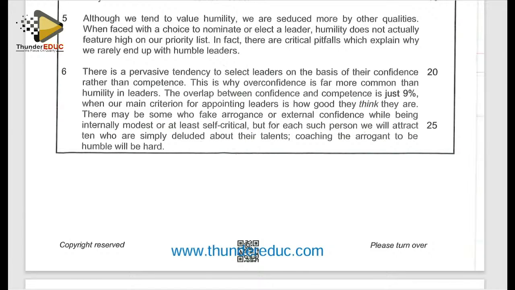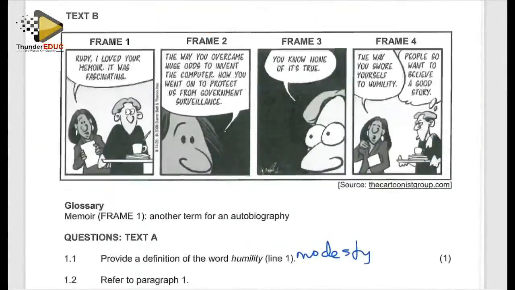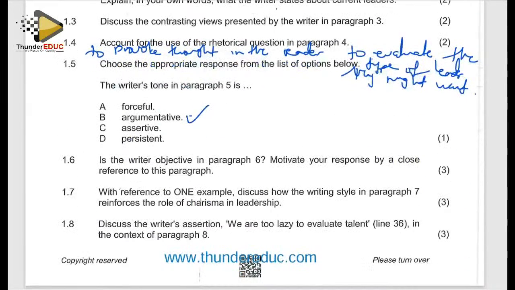He says, is the writer objective in paragraph 6? Close reference to this paragraph. We have statistics. I saw statistics here that show objectivity, which means something valid, which has been proven. So we're talking of being proven correct by statistics. So we're going to use that as part of our answer.